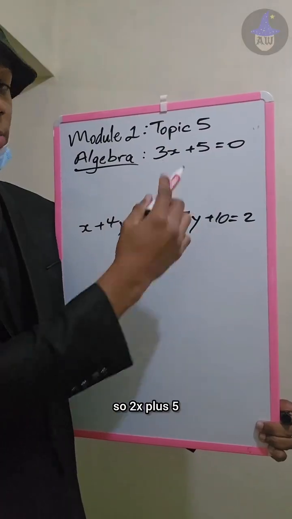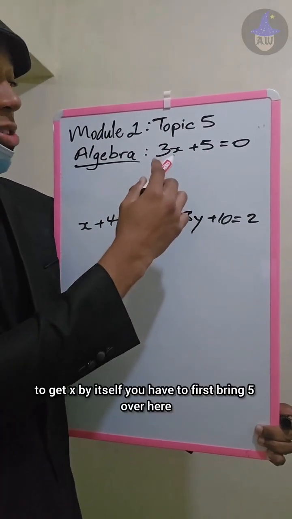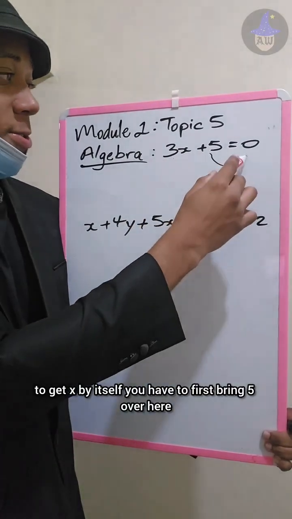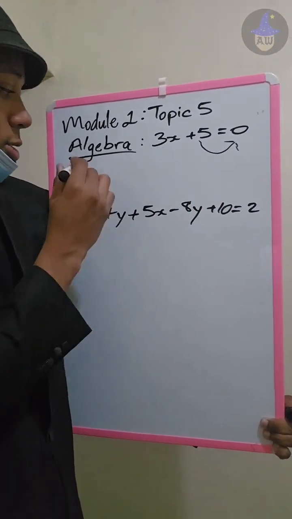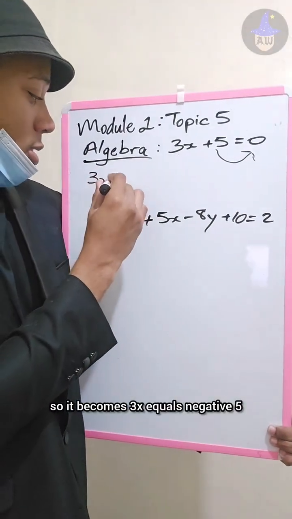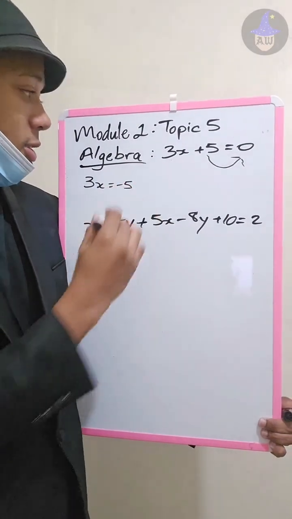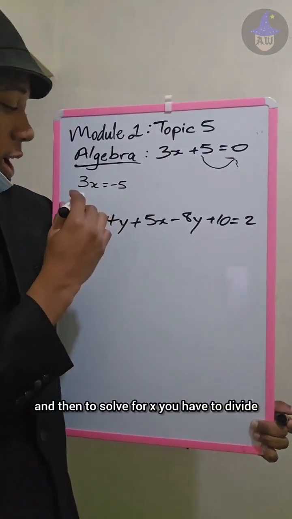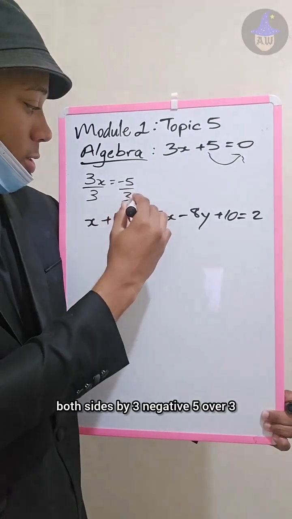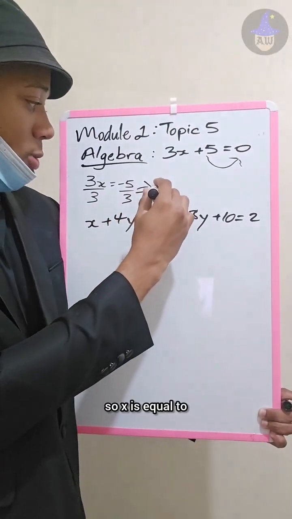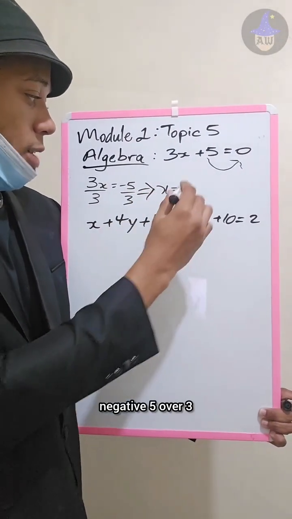To get x by itself, you have to first bring 5 over. But when you bring it over, the sign changes. So it becomes 3x = -5. And then to solve for x, you have to divide both sides by 3. So x is equal to -5/3.